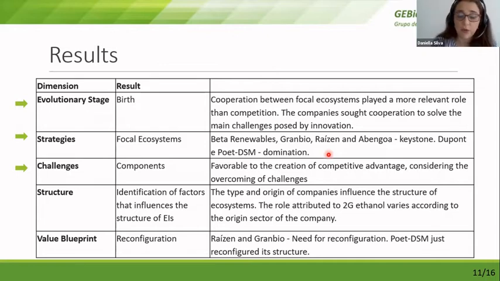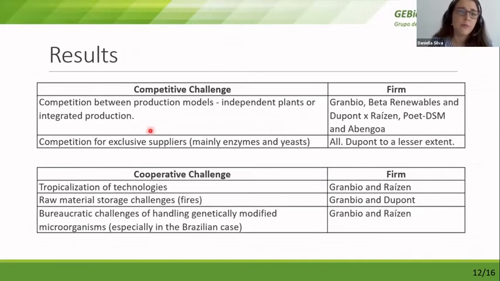We also have information about challenges. I have some examples here, and we separate these challenges into competitive challenges and cooperative challenges. For example, we have competition between production models, independent plants or integrated production. Here you can decide if you want an industrial plant to produce only second generation ethanol, or you can try to integrate the production so the same facility will produce first and second generation ethanol.